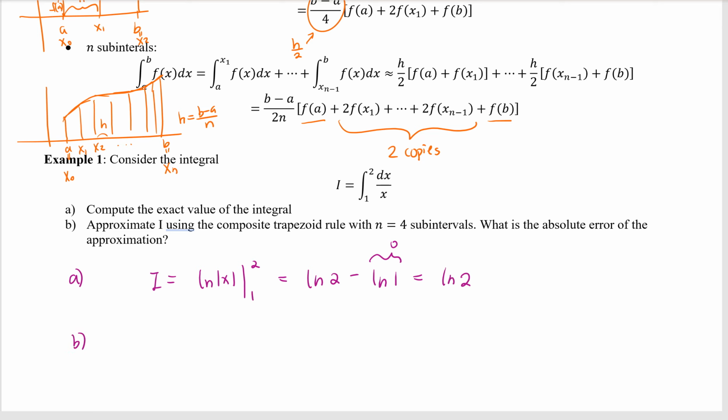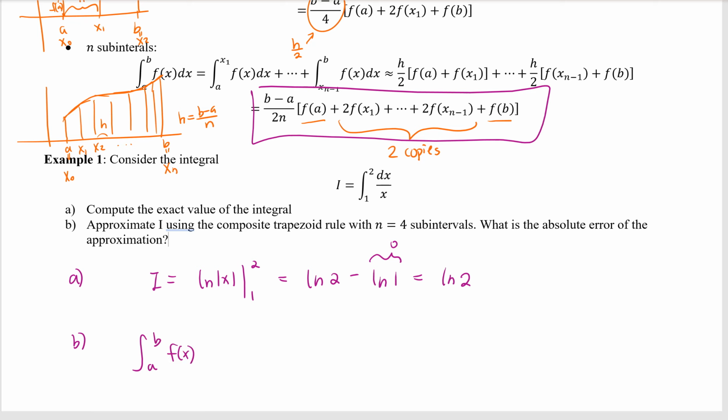And when we compute the composite trapezoid rule, we're going to use this formula, with n equals 4. So let me write down the formula. The integral is approximately (b minus a) over 2n, and then we have the first point, and the interior points we have 2 copies, and the last point we have 1 copy.